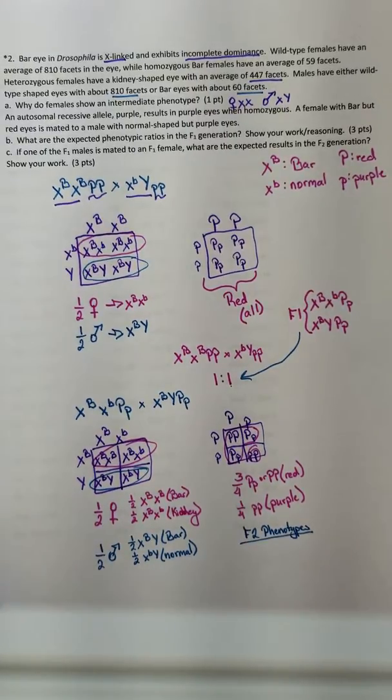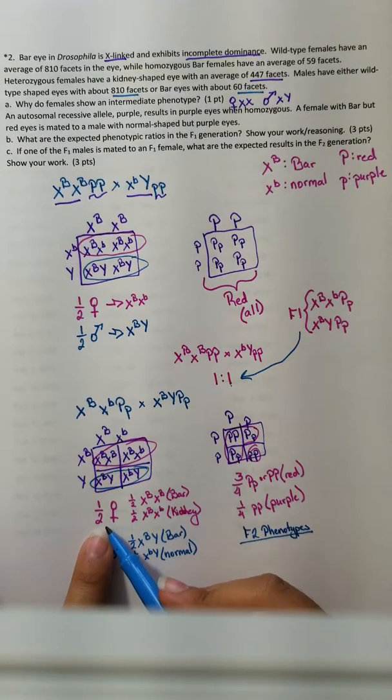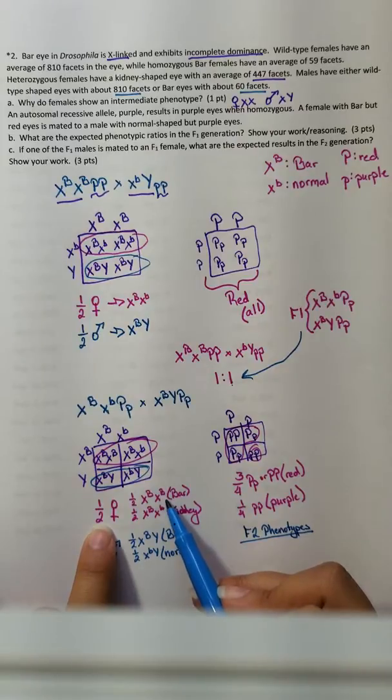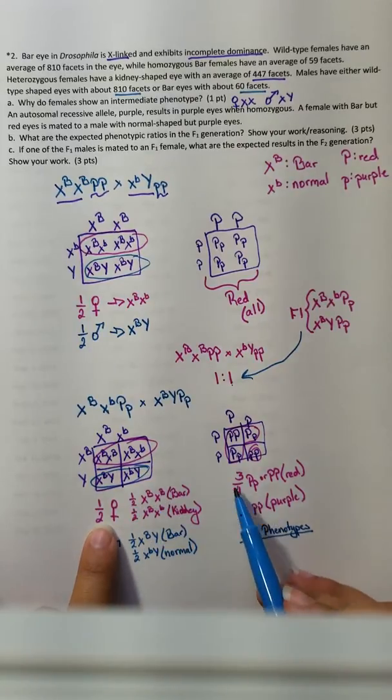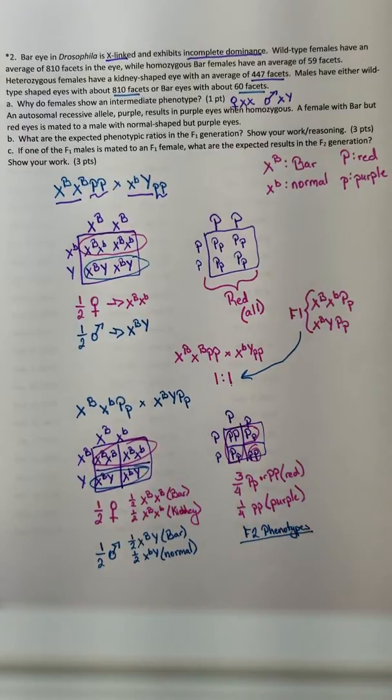Okay. So let's just go straight across. You're gonna have half of your females, half of those will be bar, and then from that you'll multiply by the 3/4 to get red. So, okay, let's do it like this.